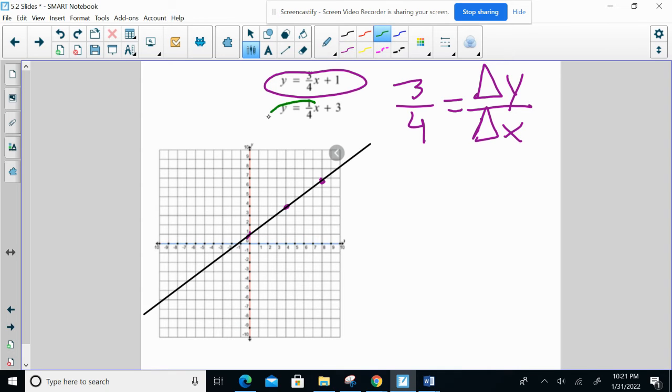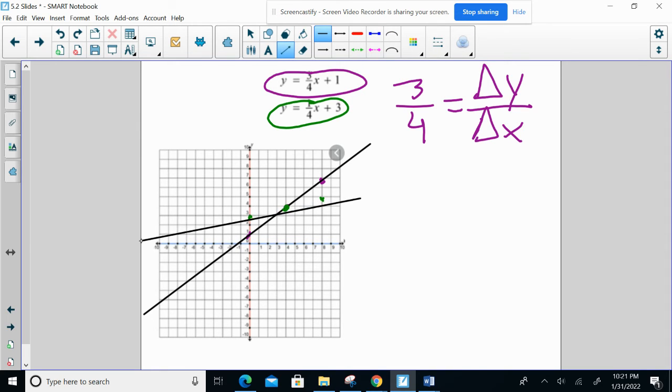In green, I'll do this one. 3 is my y-intercept right there. And it's 1 over 4, so up 1 over 4. Looks like I found it right there. Grab my line tool. Not perfect, but I will adjust. There you go. The point is (4, 4).